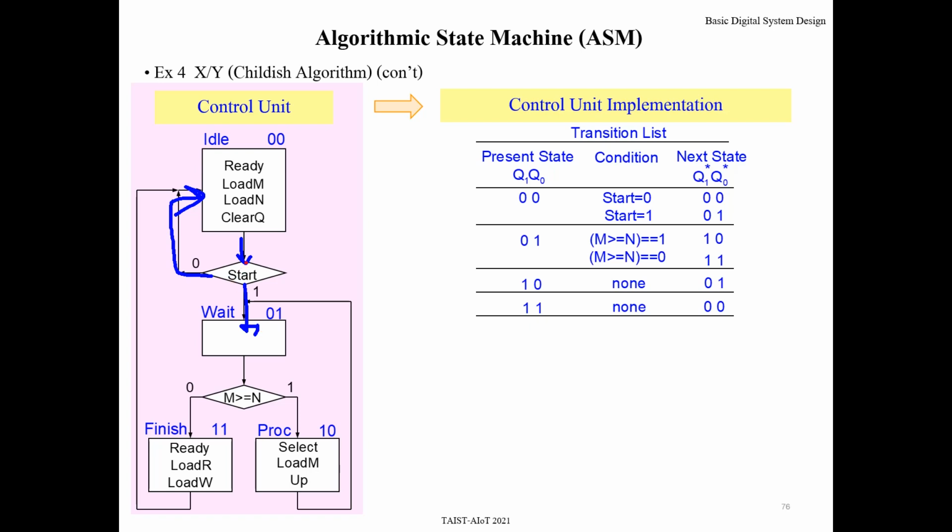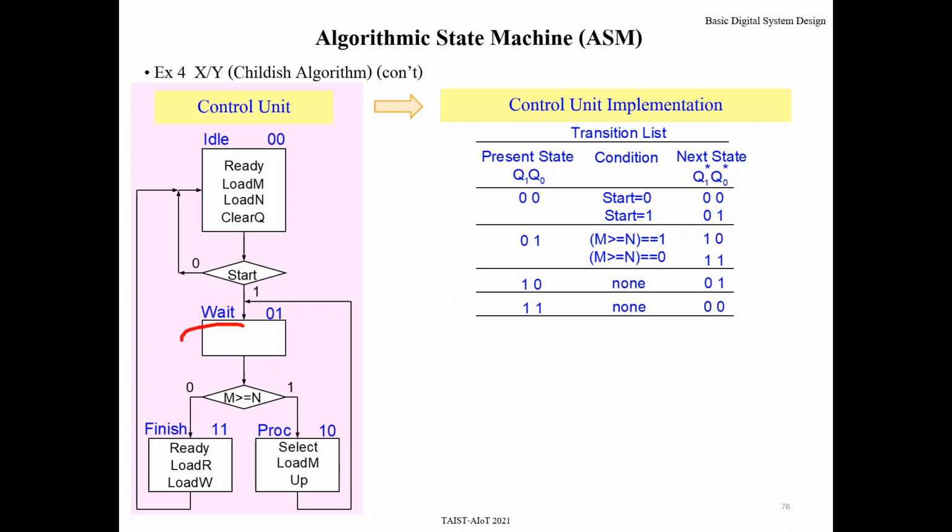It depends on the value of start. Okay, start is input variable. If start is 0, the next state is 0 0 or state idle. If start is 1, go to state wait, okay, or 0 1 for start is 1.